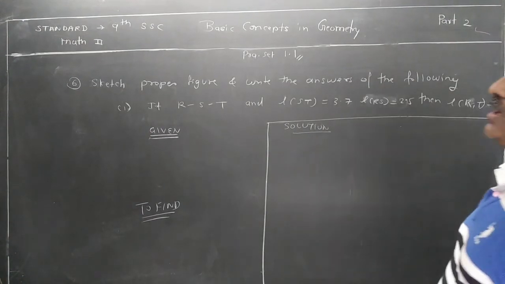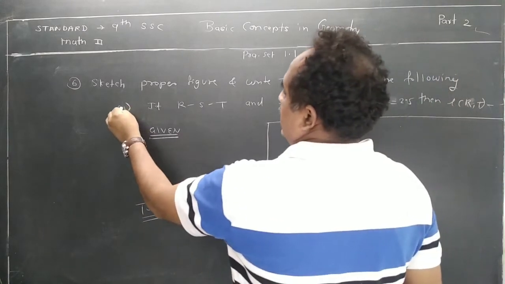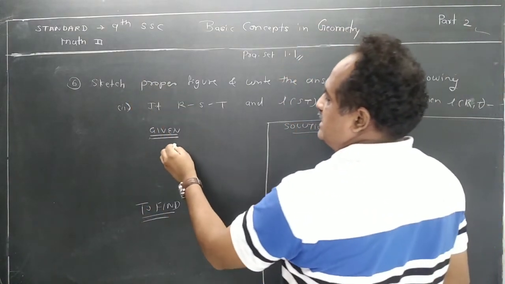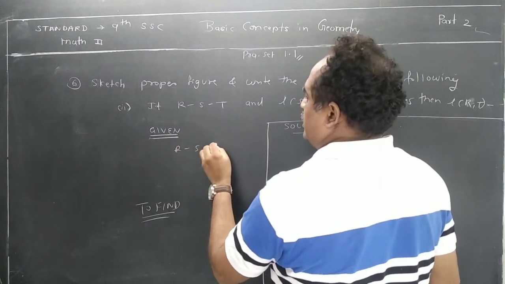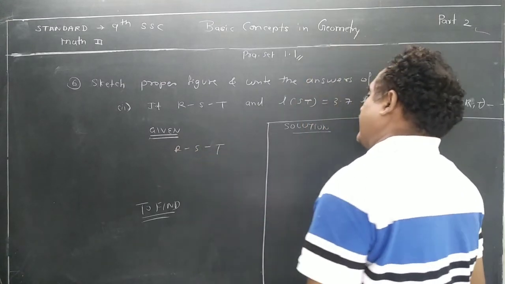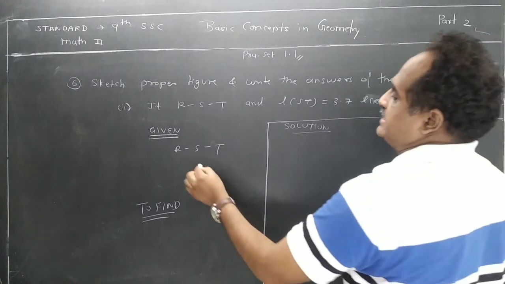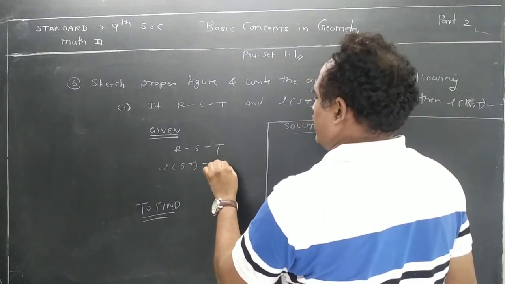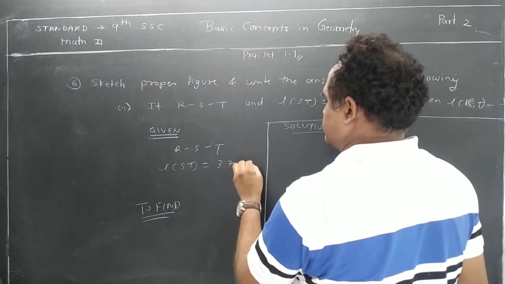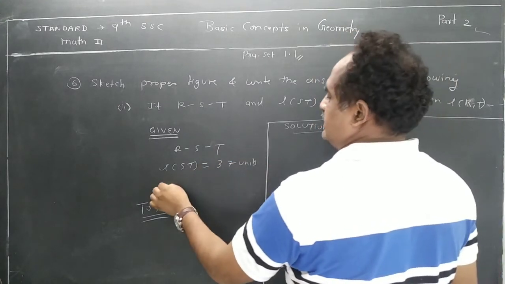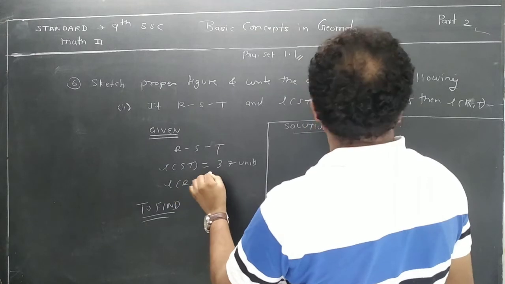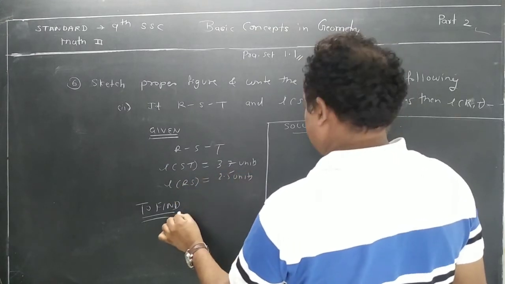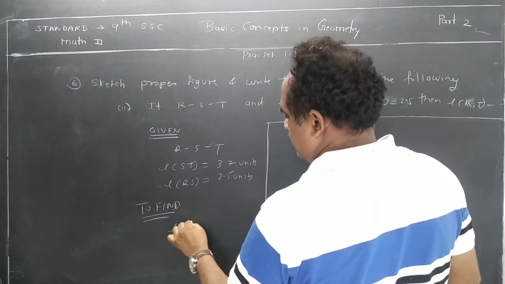This is question number 2 of main question number 6. They have given that S lies between R and T, length ST is equal to 3.7 units, length RS is equal to 2.5 units, and length RT they have asked.